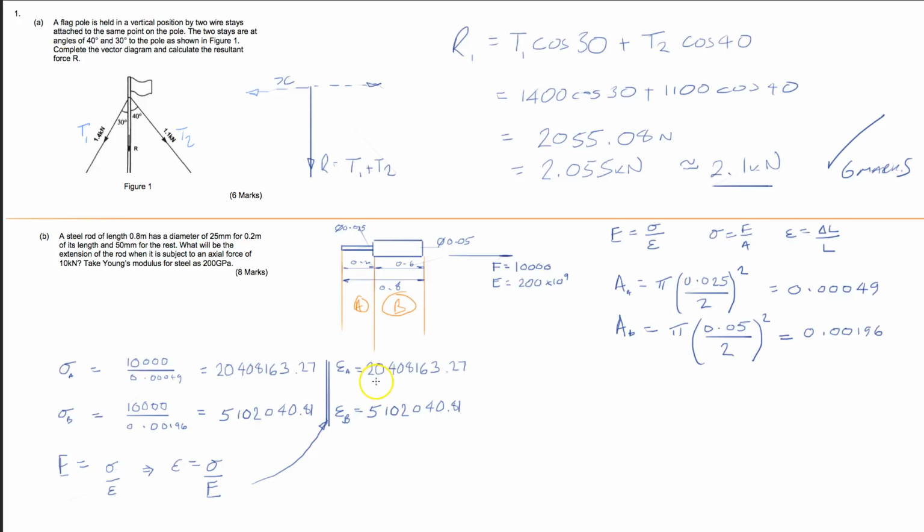Both divided by 200 gigapascals, so 200 times 10 to the 9.